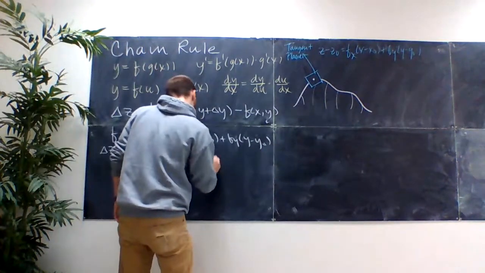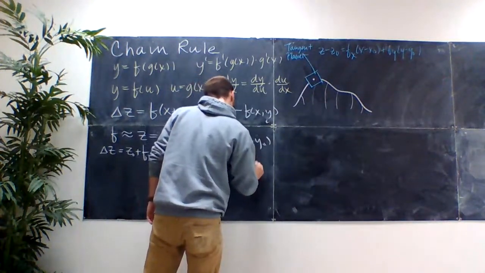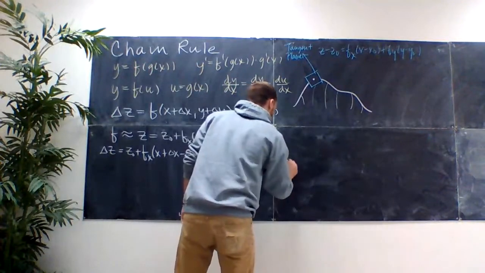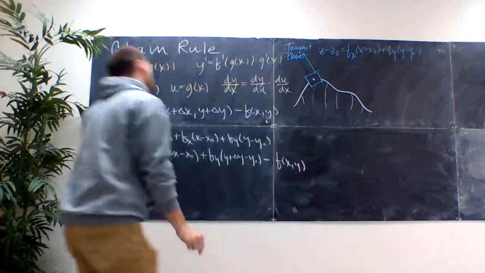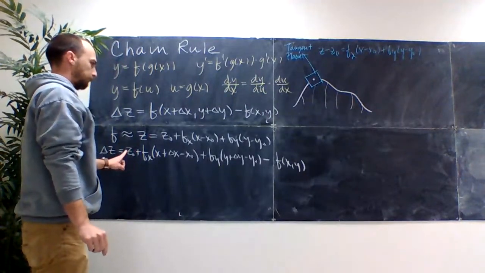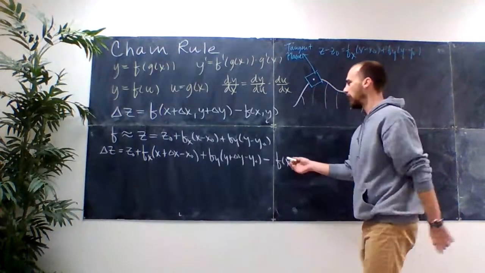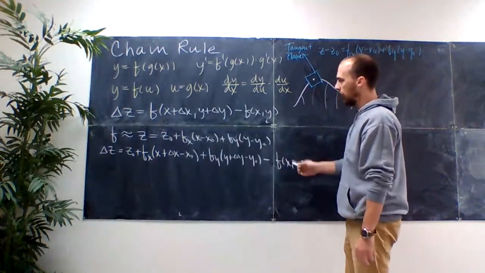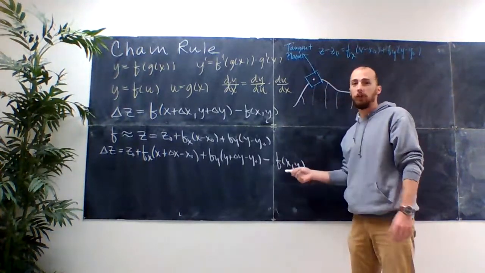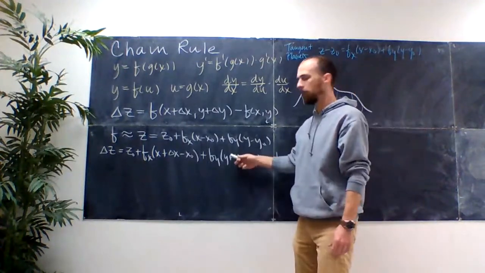Plus fy times (y plus delta y minus y0), minus this f of x and y. Once you distribute, rather than writing out z0 plus fx times (x minus x0) plus fy times (y minus y0), I'm just telling you that's what I'm thinking of this as.